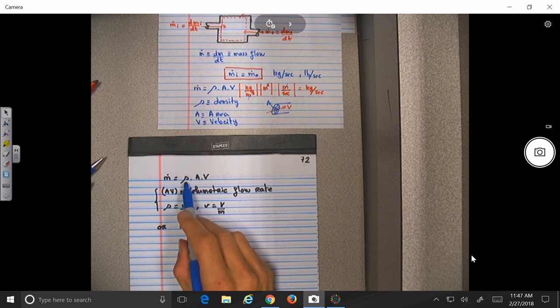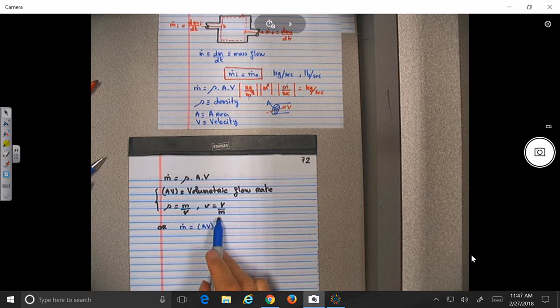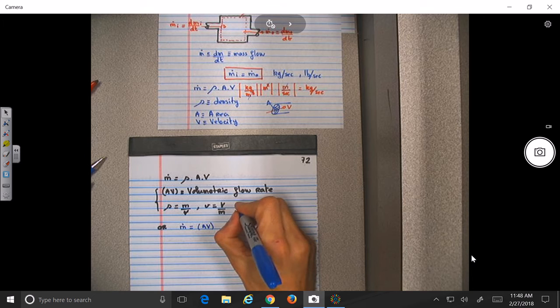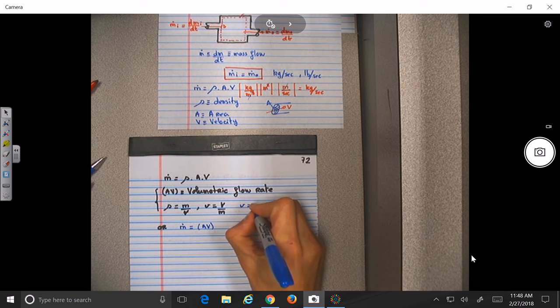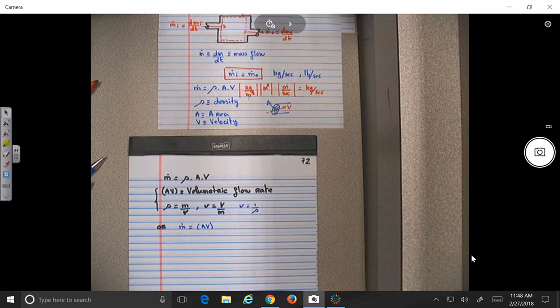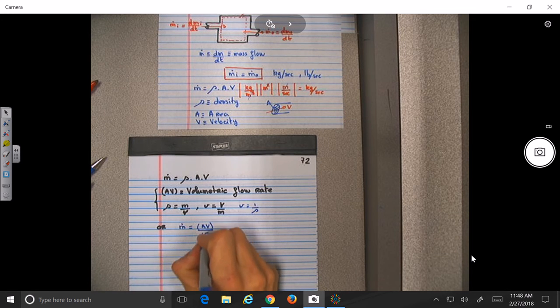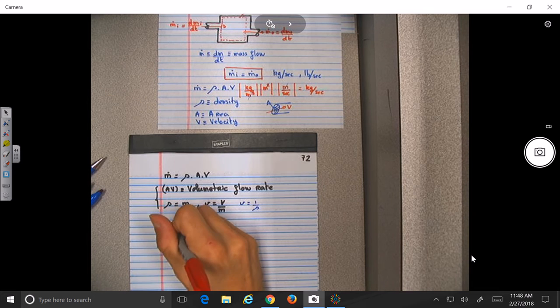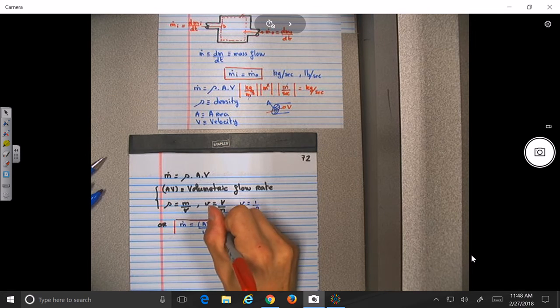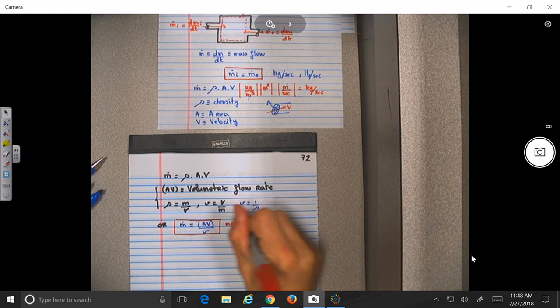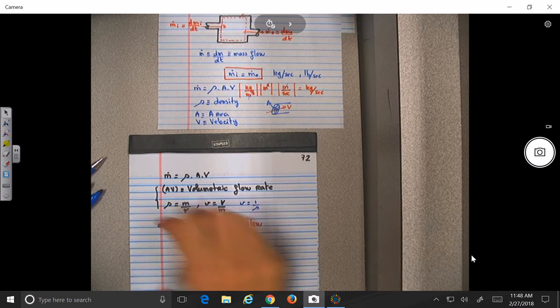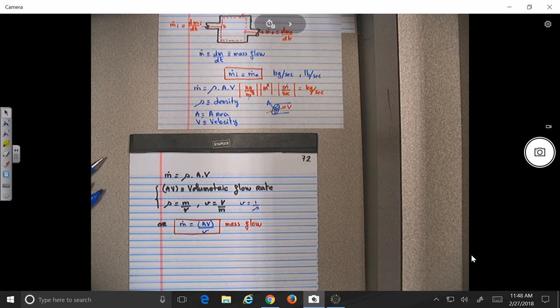As AV times rho divided by V, no? Because v equals 1 over rho. So this is the form that is most used in thermodynamics for the mass flow.